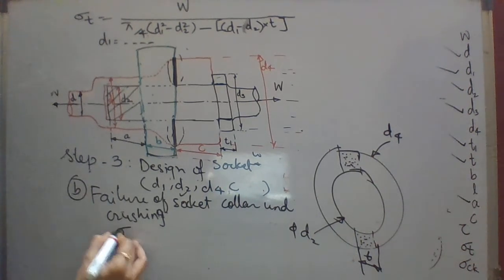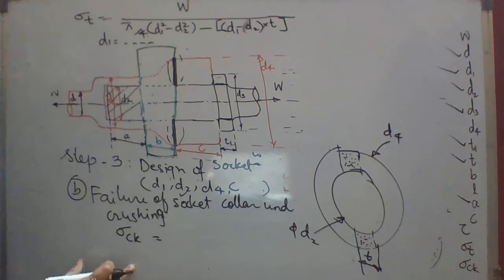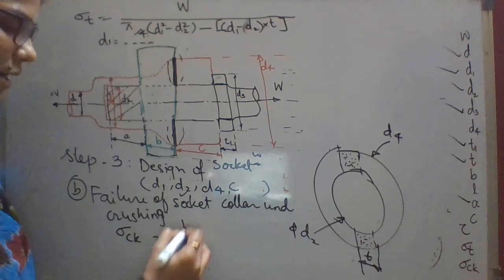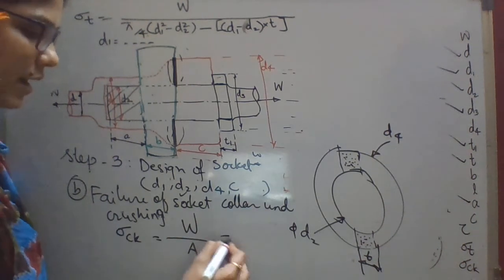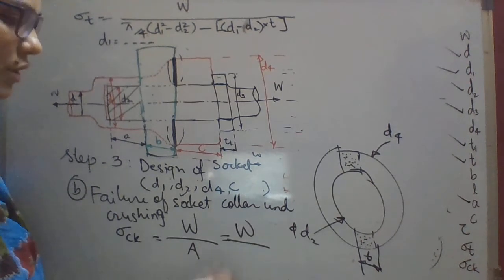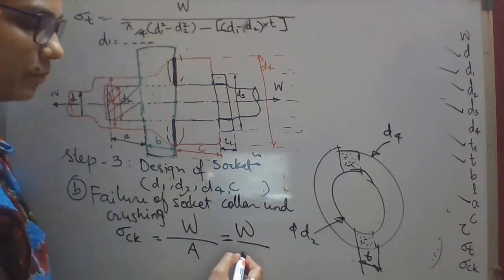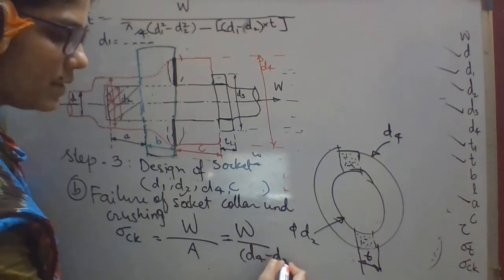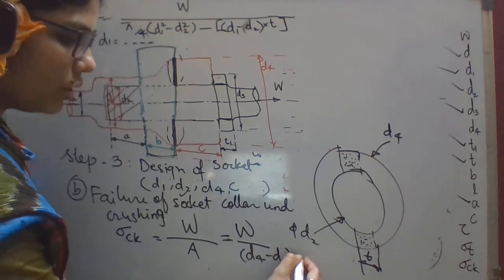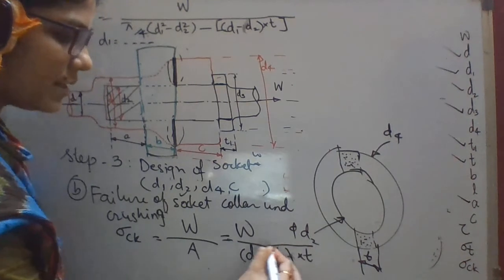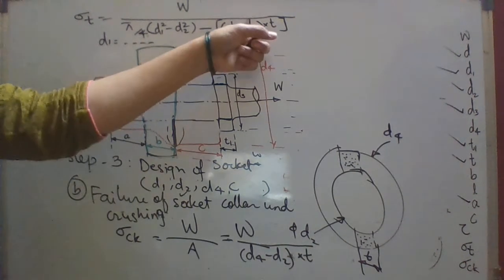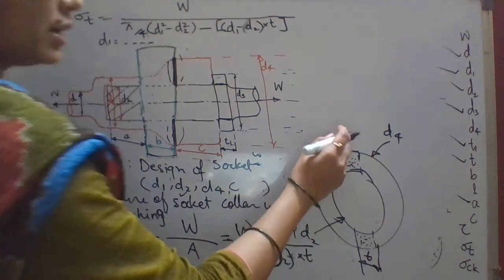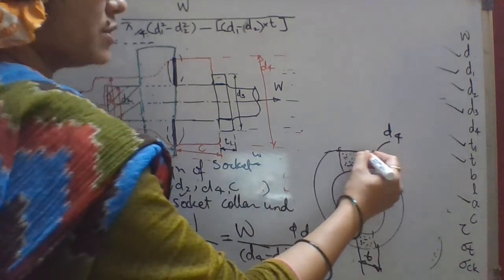I'll write the equation of strength for sigma C, the crushing under the socket collar: W upon area, and that area is W upon (D4 minus D2) into t. I have written this in the same style as before.